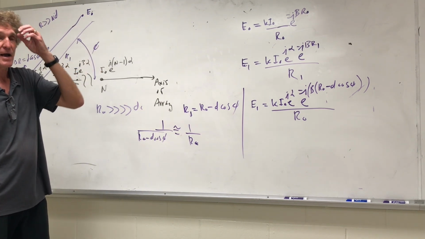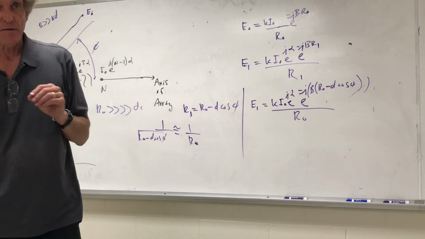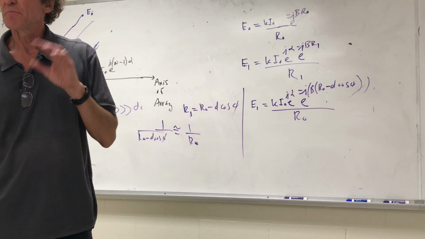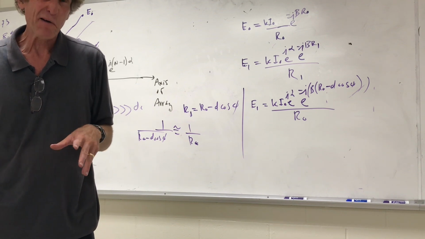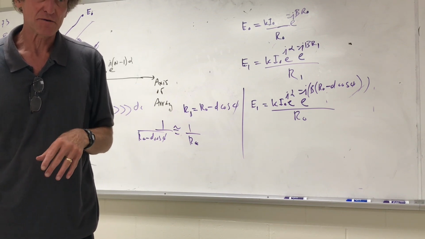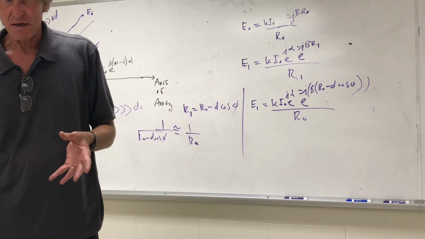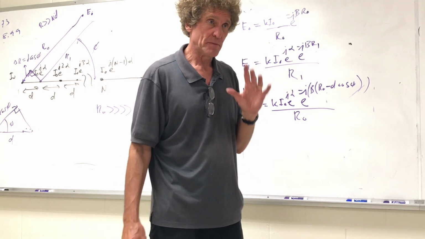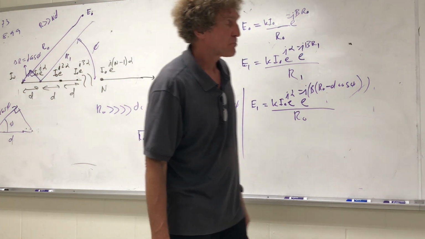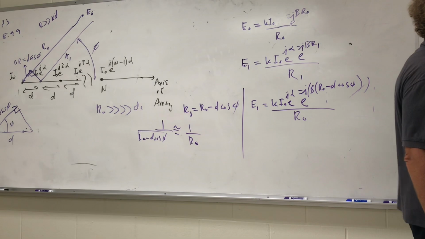Think about this. If you have 100,000, right? 100,000 minus 1 is the second one. 1 over 100,000 is about the same thing as 1 over 100,000 minus 1. That's a magnitude relationship. The beta has phase involved. That's a big difference. So when you break this out, you get this.